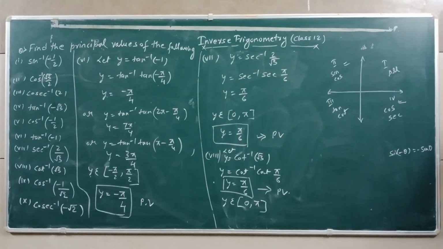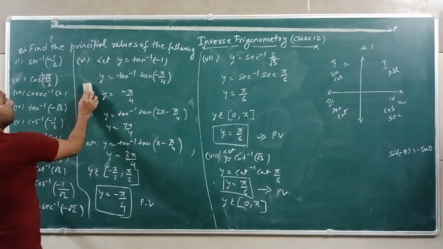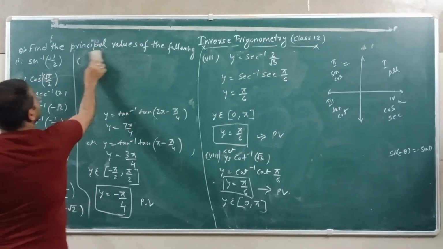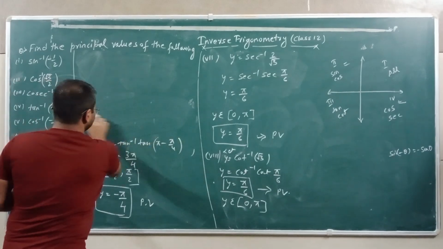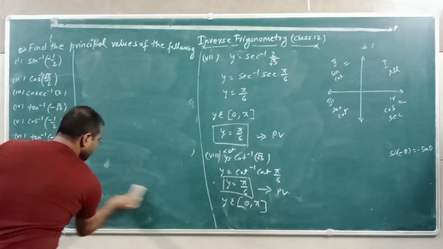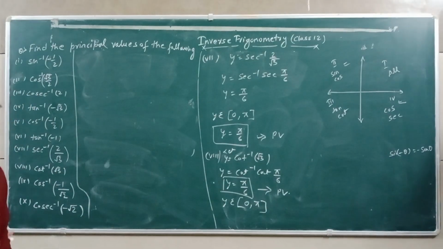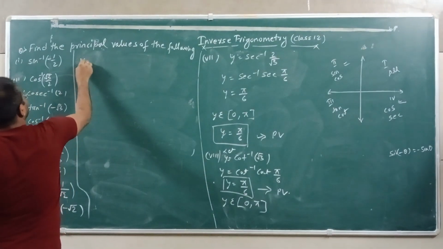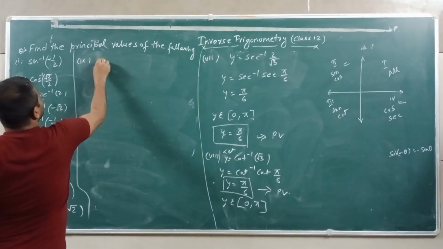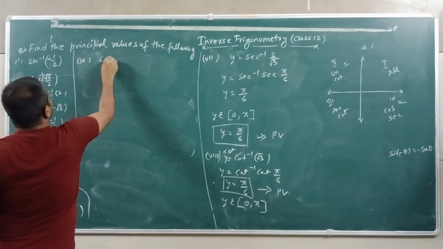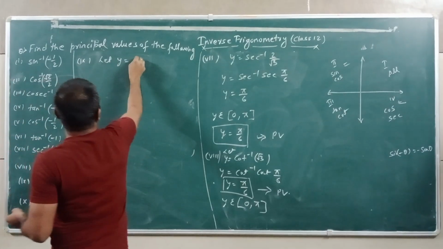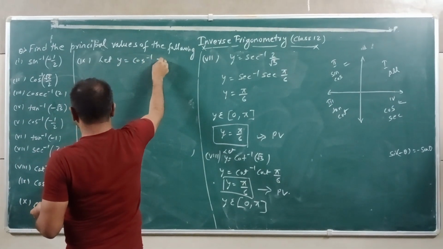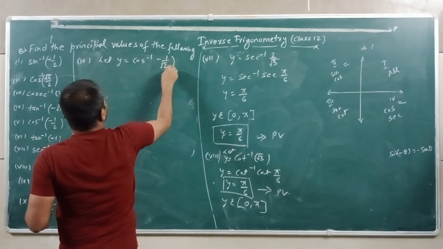Okay, now let us see the remaining two. The 11th one, cos inverse minus 1 upon root 2. Let y is equal to cos inverse minus 1 upon root 2.